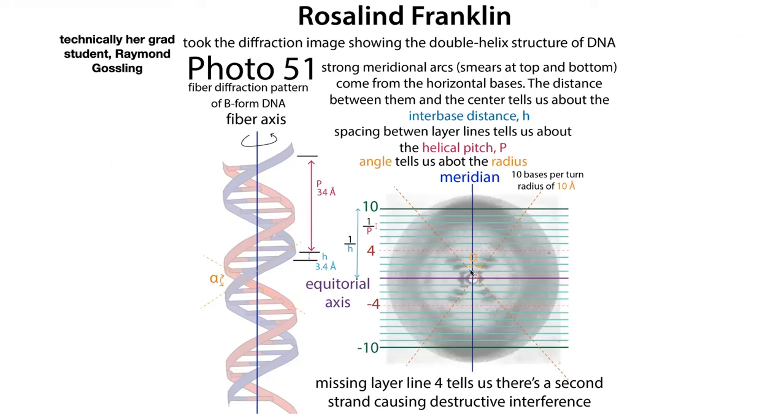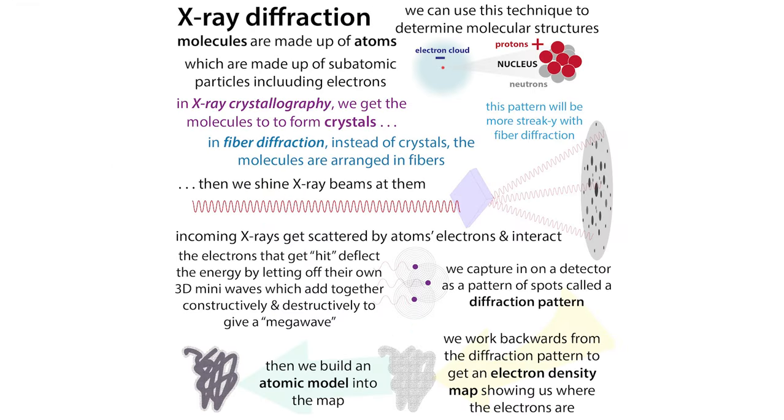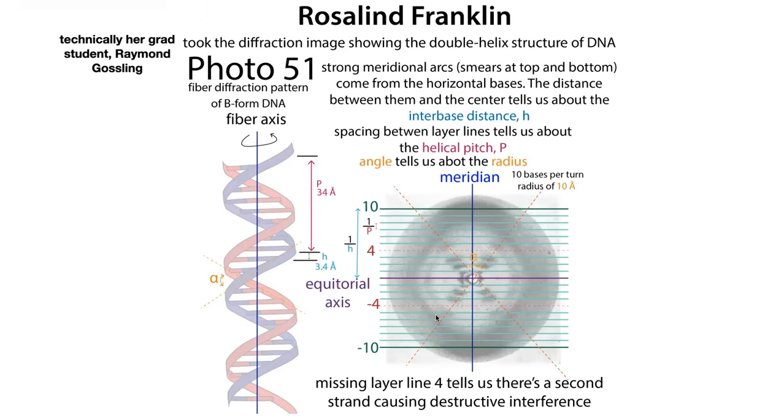So this is similar to X-ray crystallography, except that it's actually fiber diffraction. So these aren't actually DNA crystals, but fibers. And when they did this X-ray diffraction, they were able to get this characteristic fuzzy X that gave them information about the spacing and the pitch of the helix, as well as the fact that it's double-stranded.